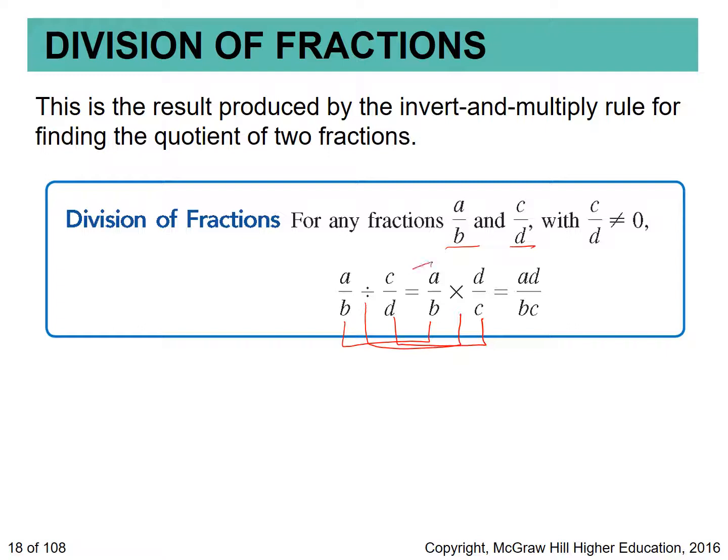And then this is the problem that I work. A times d is equal to AD, b times c is equal to BC, so that is my quotient right here, what I get when I divide. So the division is just defined by what it means to multiply.